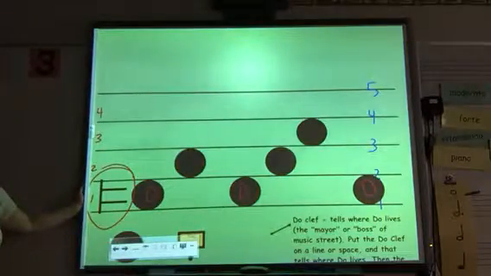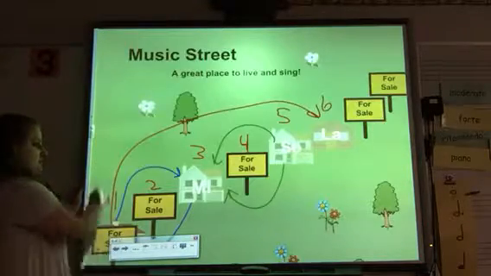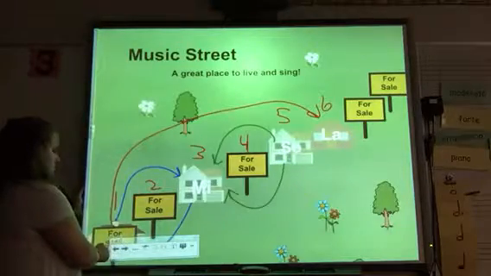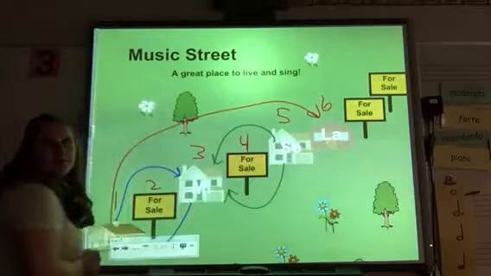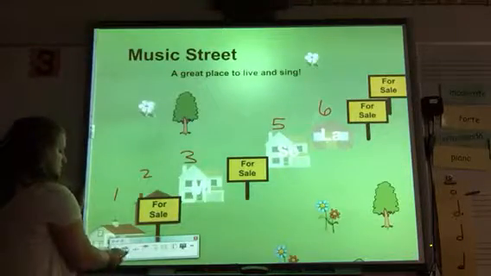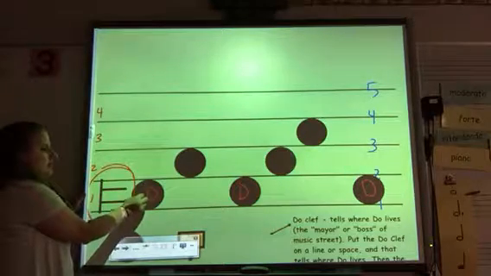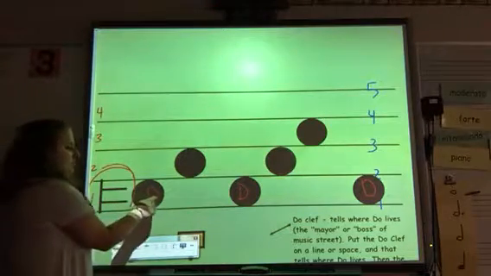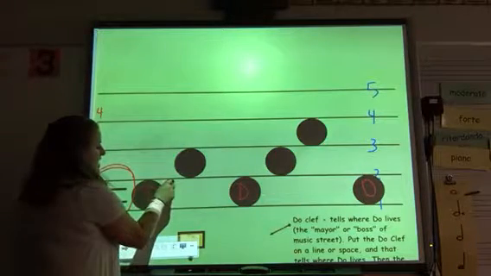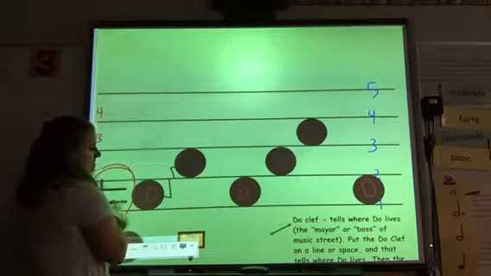Now I can start using what I know about the relationships between do, mi, so, and la in order to figure out what comes next. I know that when my notes go from a space to a line, that is a step, and a line to a space is a step.